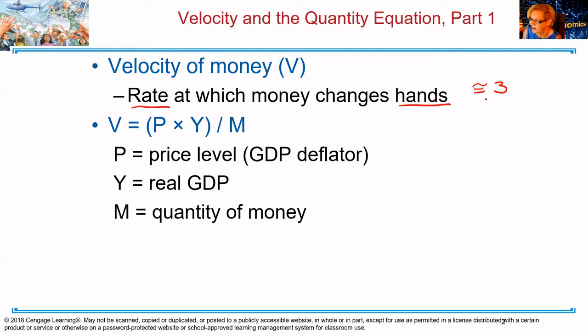To calculate velocity, it is the price level, remember, that's the consumer price index, so the CPI, times GDP. You'll notice that the CPI times GDP will give you nominal GDP, divided by the money supply.